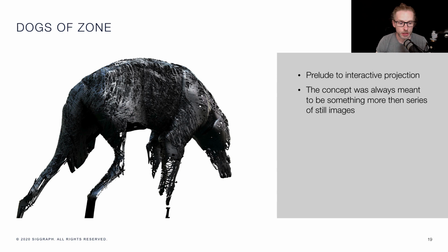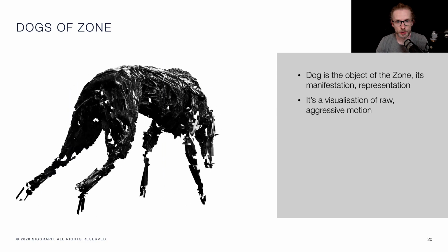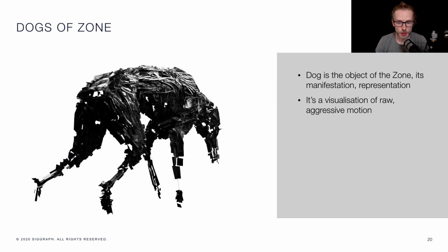Now, the Dogs of Zone graphics can be considered a prelude to the interactive projection. That's because I always knew that I wanted this concept to be something more than just a series of still images. And that brings us to the animated Dog of Zone, or a Dog of Zone in motion.